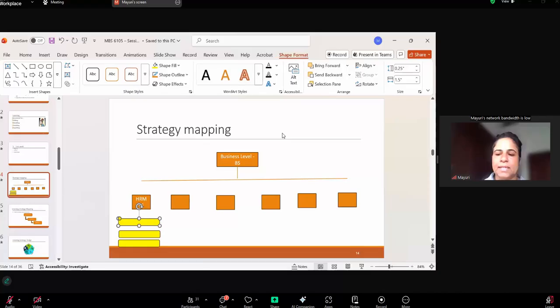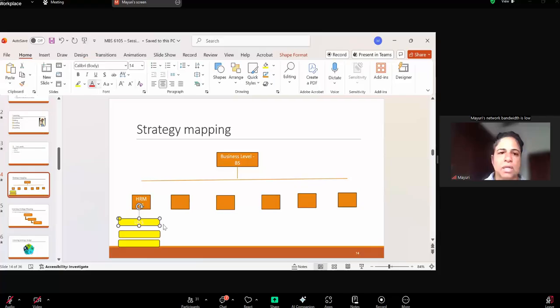So it might be learning strategy, it might be reward management strategy, or it might be employee relations strategy, ER strategy.